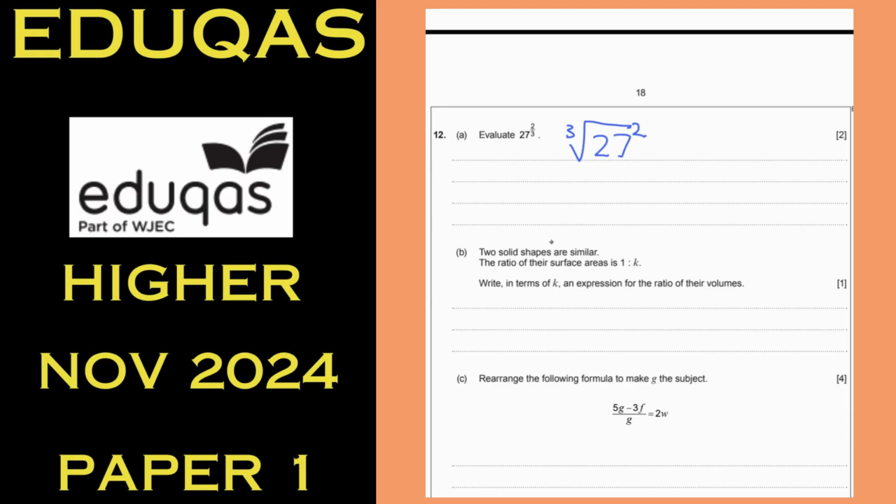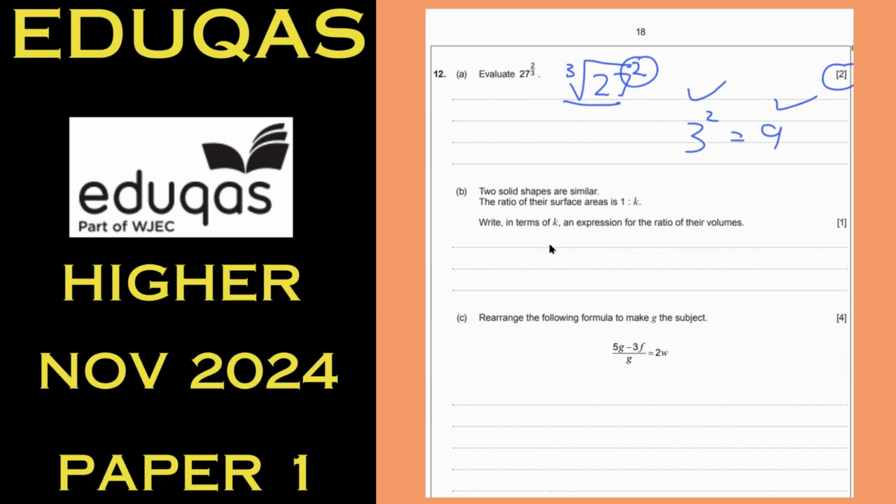And because we don't have a calculator, we do the cube root of 27 first, which gives us 3. Then we can square our answer to give us 9. If you've got 3 on your page, you get a tick. Got 9 on your page, you get both ticks.